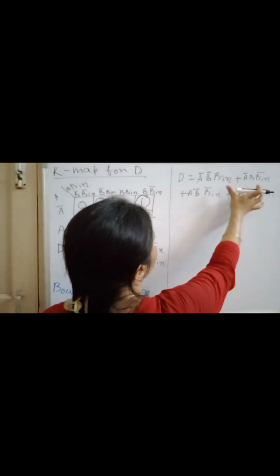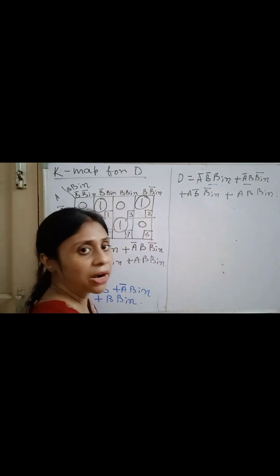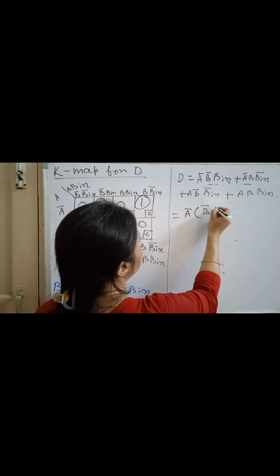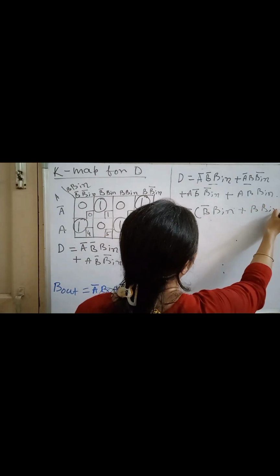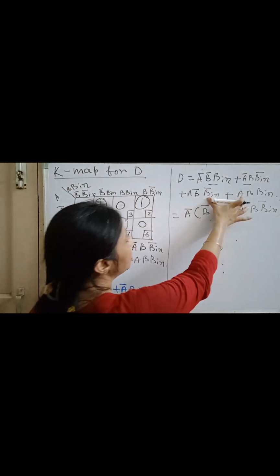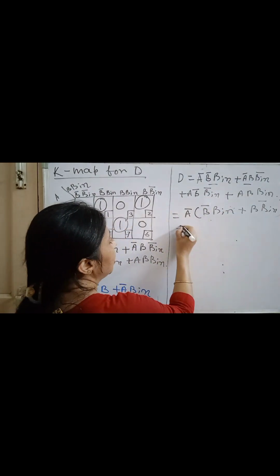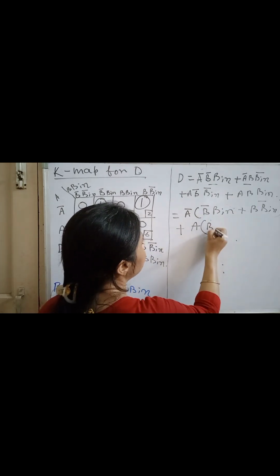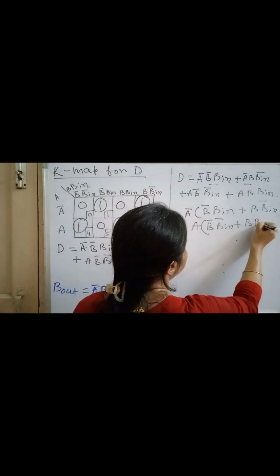Just take A bar common from these two terms. If I take A bar common, then B bar B in plus B in bar. Right? Now take A common from these two. If I take A common, what will be in the bracket? B bar B in bar plus B in.